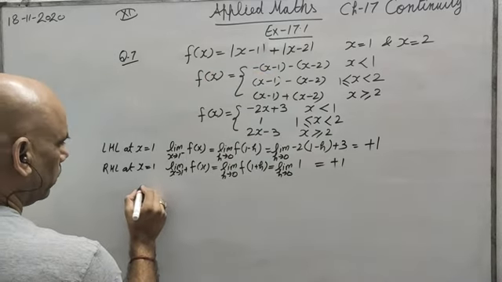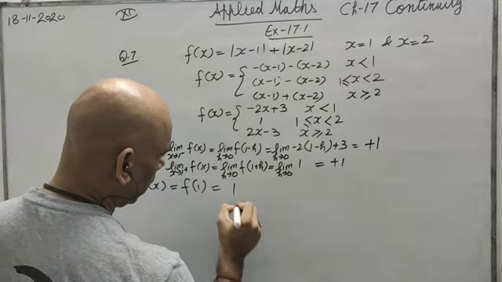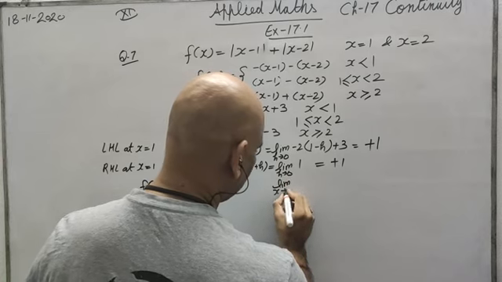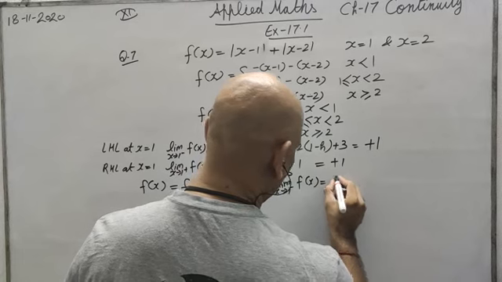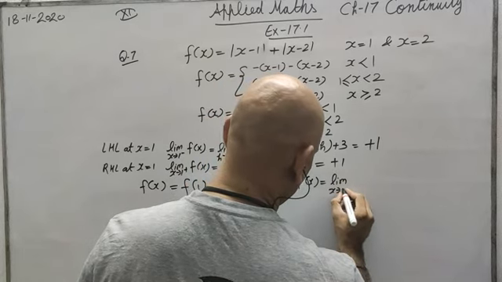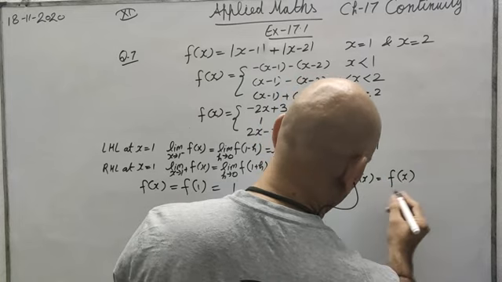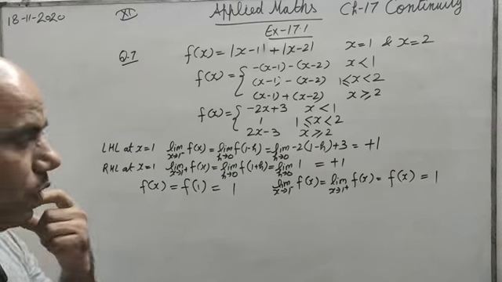Similarly, the value of f(1) is also 1. So we can say the left hand limit and right hand limit at x tends to 1 and the value of the function are equal. So the function is continuous at x equals 1.